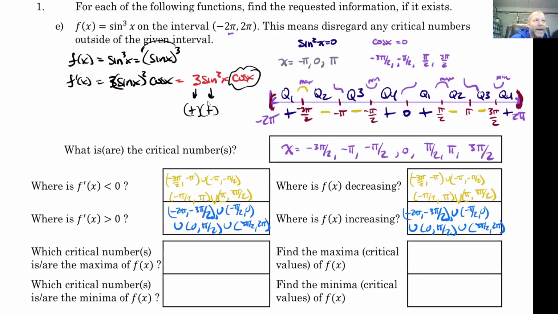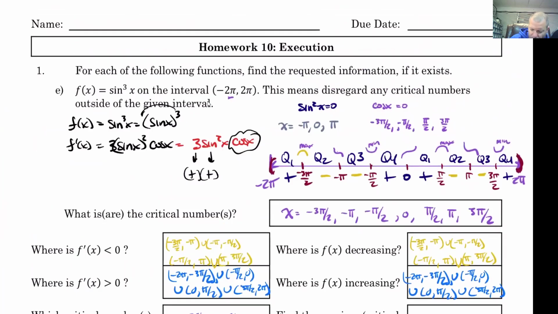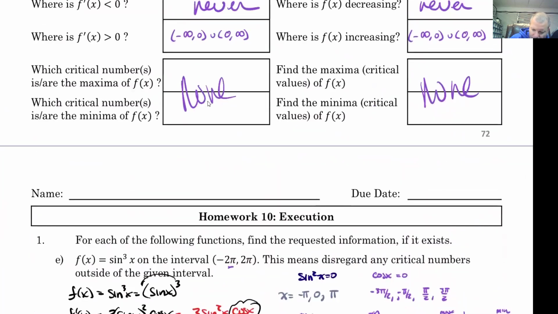So we have a maximum value when x is equal to negative 3 pi over 2. We also have one at pi over 2. We have a minimum when x is equal to negative pi over 2, and probably another one at positive 3 pi over 2.